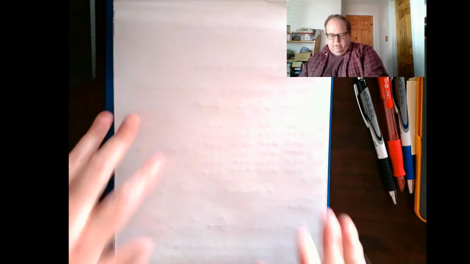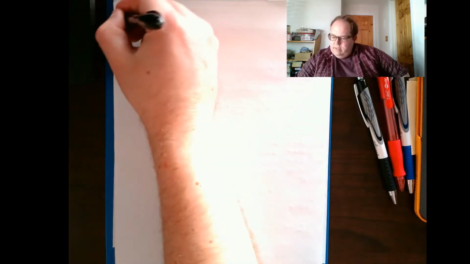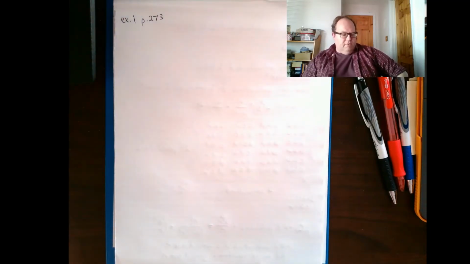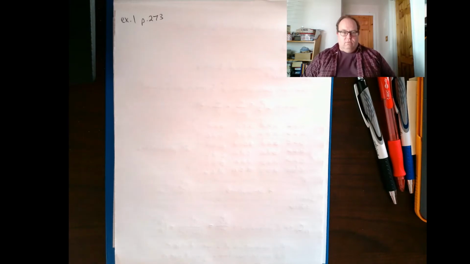So, example time. This is example 1 off of page 273. We're asked to determine the number of 3-person teams that can be formed from 9 volunteers. So now that we've talked about both combinations and permutations, when you've got one of these counting questions put out to you, one of the first things you ask yourself is, does the order that I choose these elements in matter?